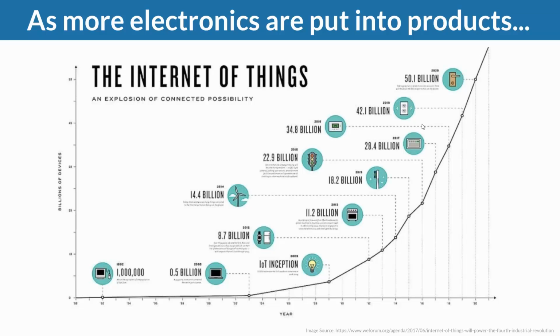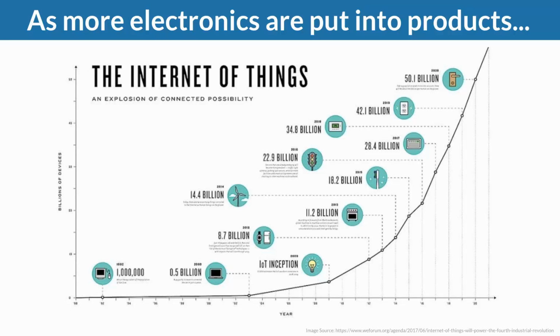Before we go into the details of today's topic, I'd like to zoom out and take a look at the big picture and why we're talking about this. This is an image I recently found on some economic forum where they discussed the Internet of Things, and I like this slide because it shows a trend that we're in the middle of.